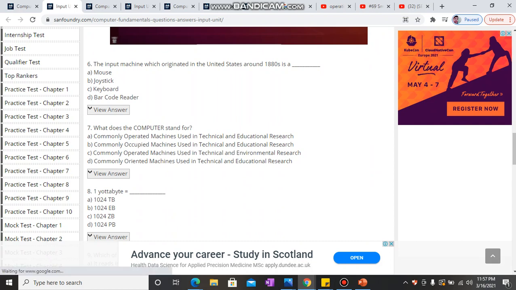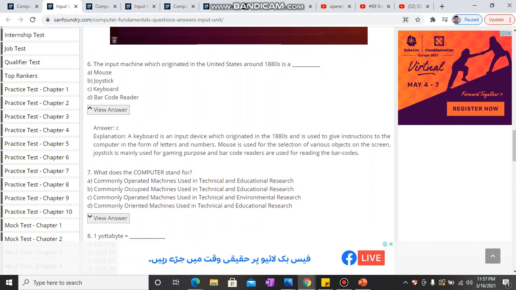The input machine which originated in the United States around the 1880s is known as C. That is the keyboard. The keyboard is an input device which originated in the 1880s, and is used to give instructions to the computer in the form of letters and numbers.